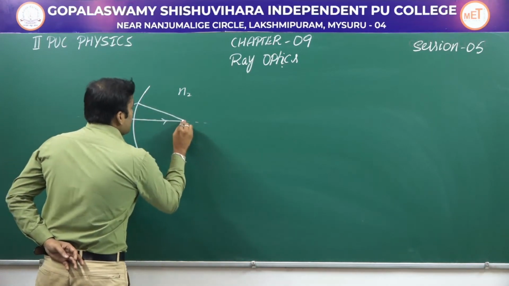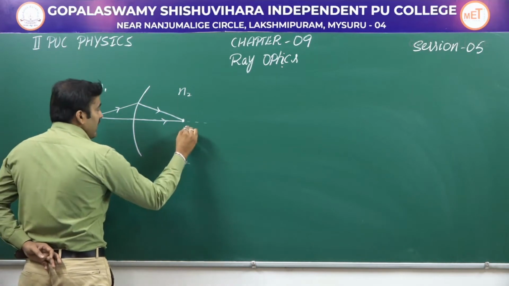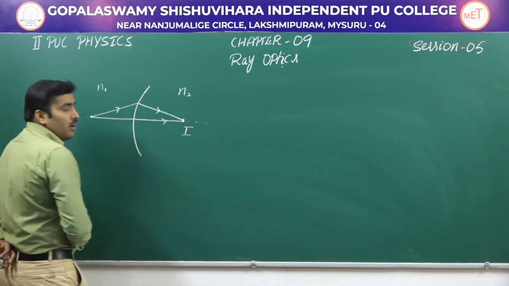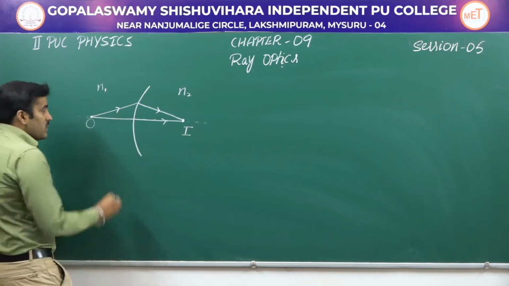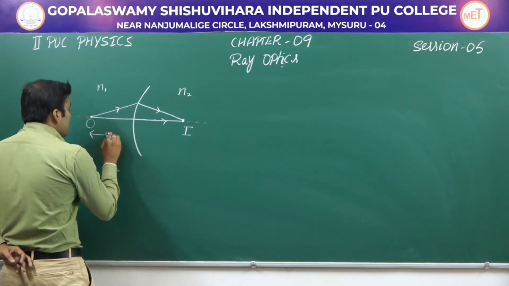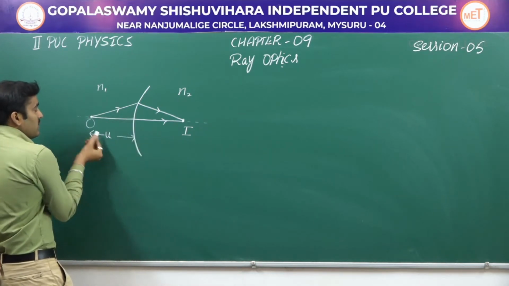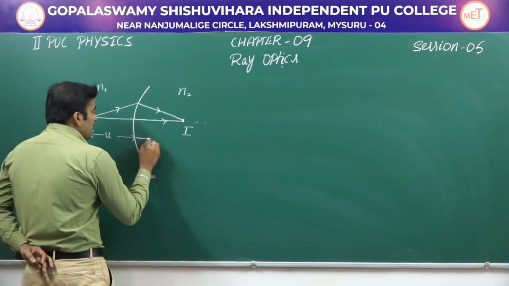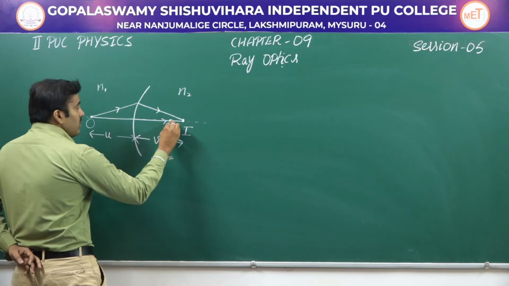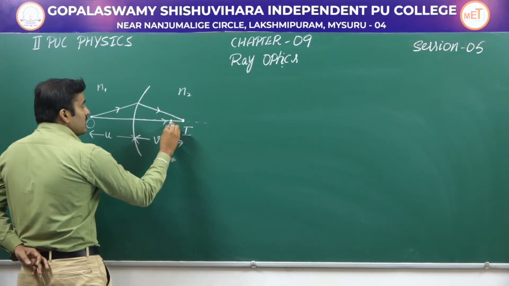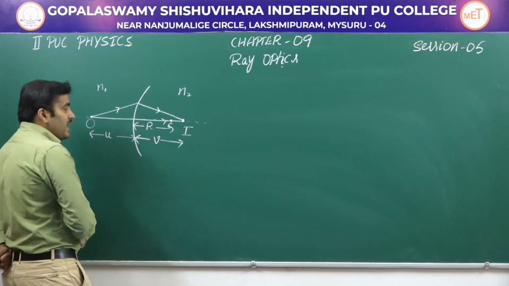This is the point where the two refracted rays are joined, and I have said that this is the position of the image and this is the position of the object. This is the object distance, the distance from the center of the spherical surface to the object, this is u, and this is the image distance v, and somewhere here we have the center of curvature C of the spherical surface, and this distance is called the radius of curvature.